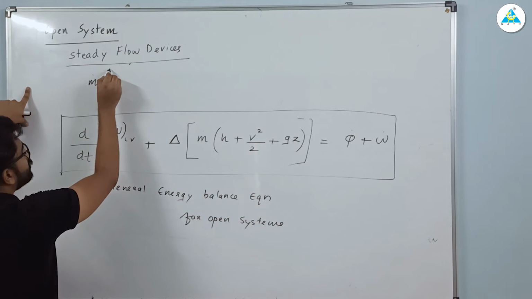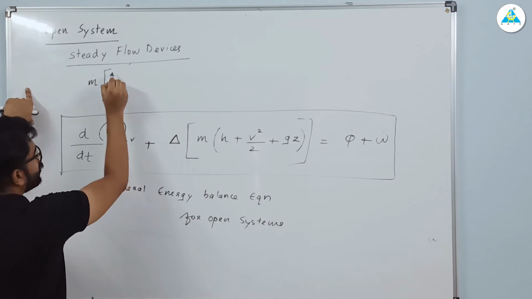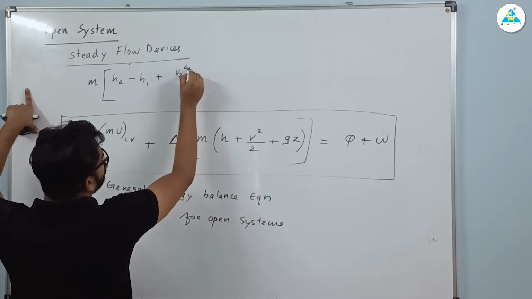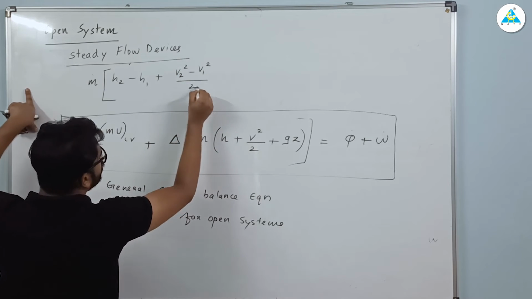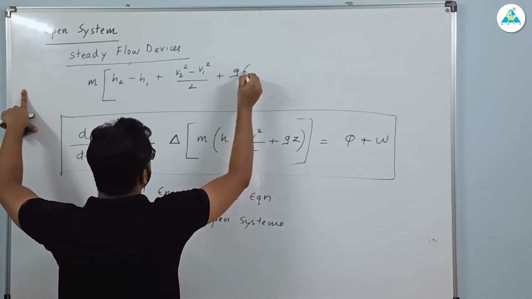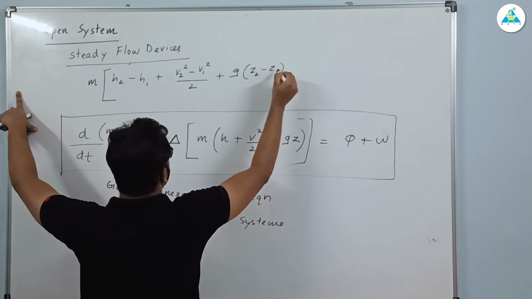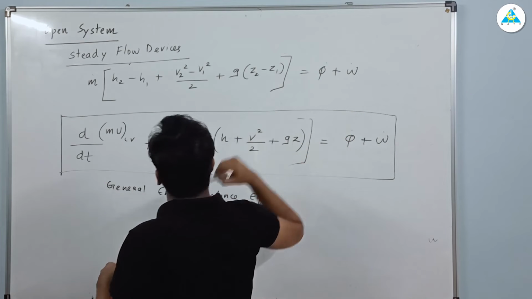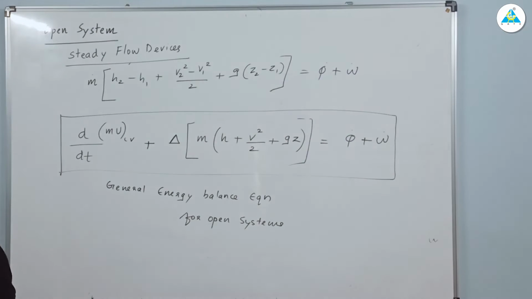So I can write this as mass flow rate into H2 minus H1 plus V2 square minus V1 square by 2 plus g into Z2 minus Z1 is equal to heat plus work. Clear? So this will be the equation for steady flow devices. I hope that part is also done.